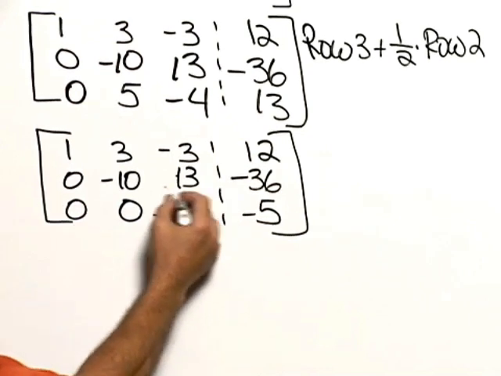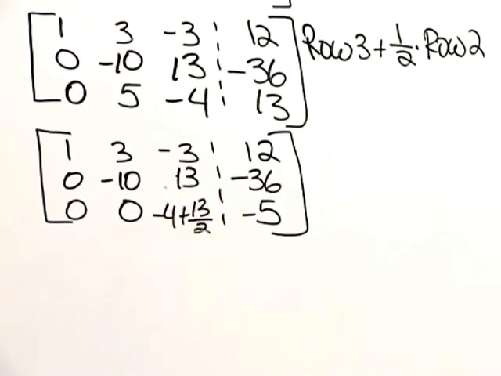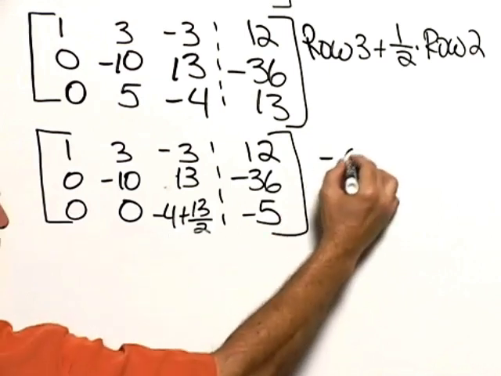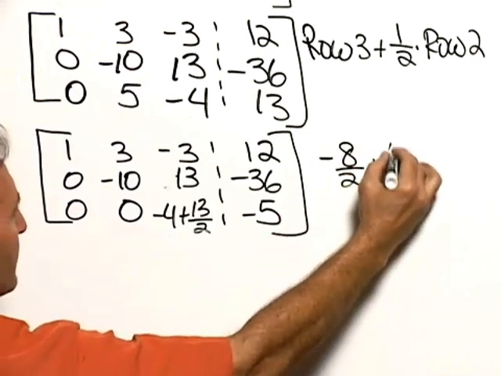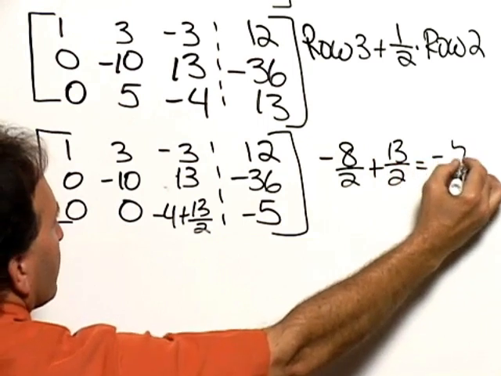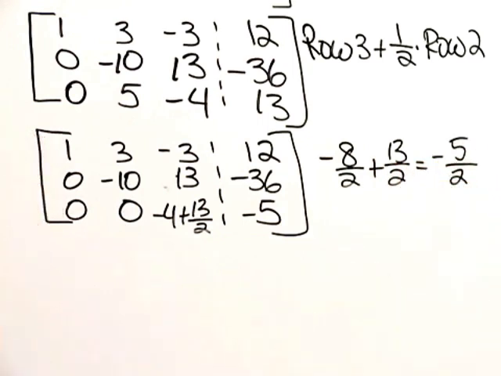The only thing I'd like to do is simplify this part. This would be -8 over 2 plus 13 over 2 gives me 5 over 2.